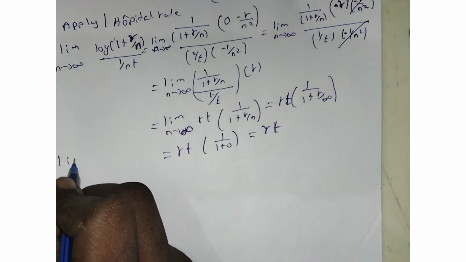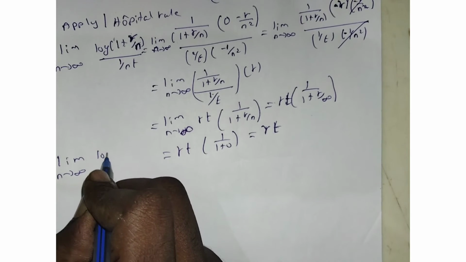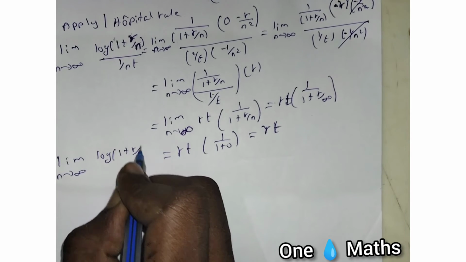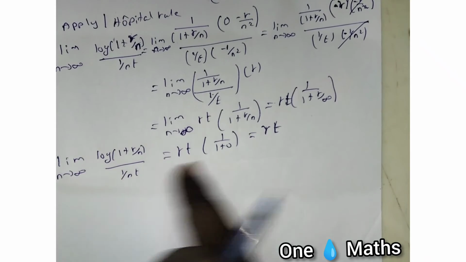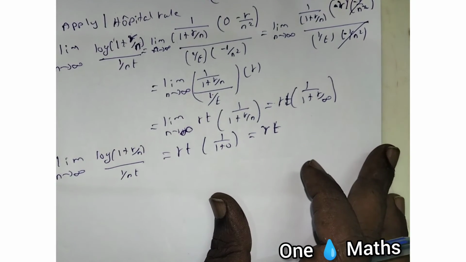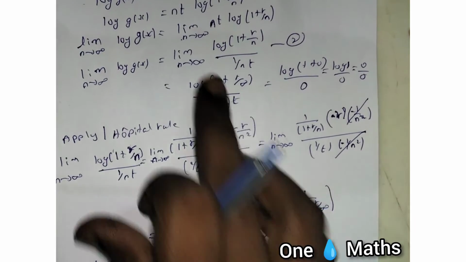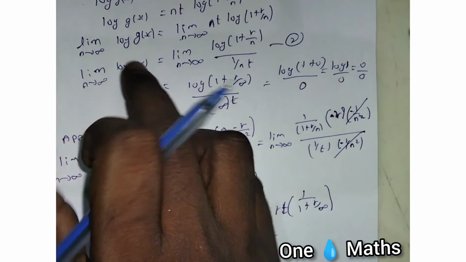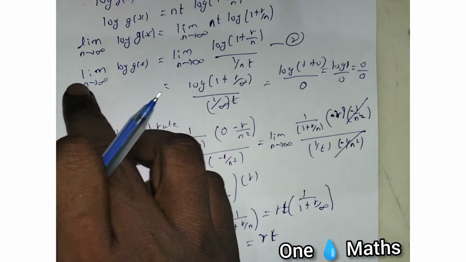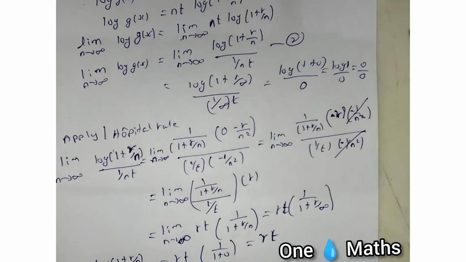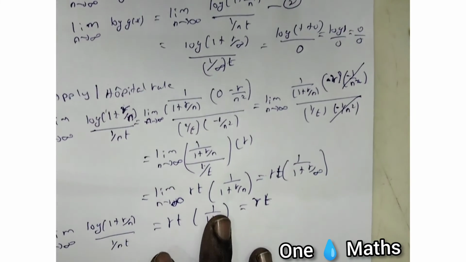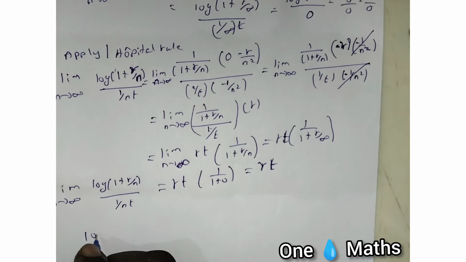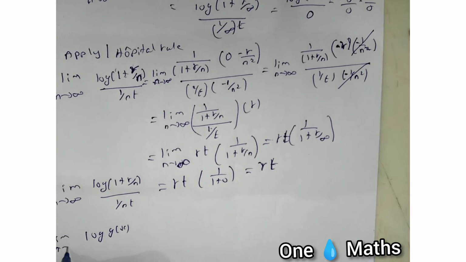That's the value of the limit n tends to infinity of log of 1 plus r by n divided by 1 by nd, that value that we get from equation 2. So from equation 2, the entire value equals the limit of x tends to infinity log of g of x. So take the limit n tends to infinity, the log of g of x, substituting the value equal to rd.